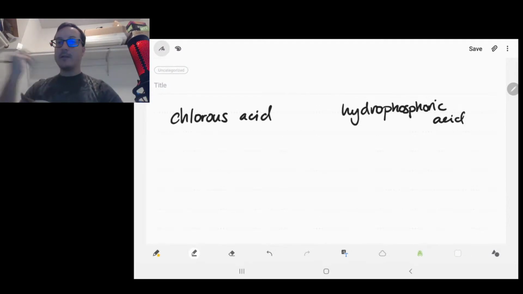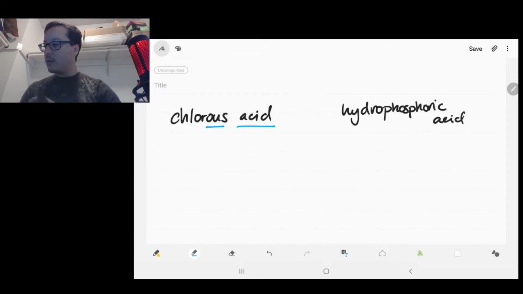All right. So, when we're looking at acid names, we already have the name. We're trying to come up with the formula. What we want to do is just kind of like what we did before. We would analyze the name, right? We're going to say, okay, well, this acid ends with ous acid.